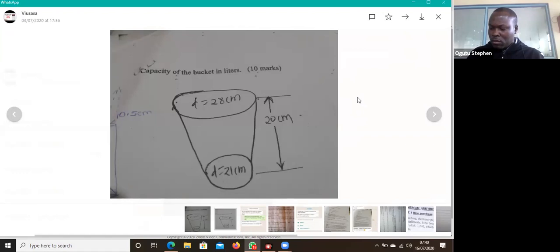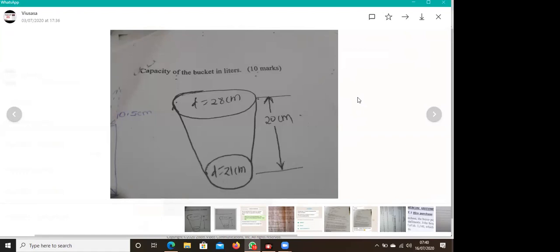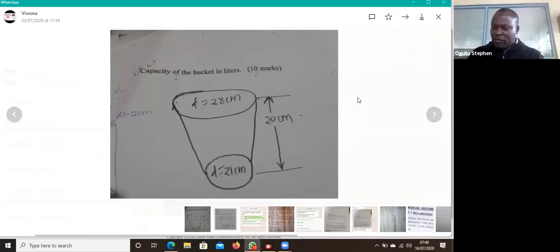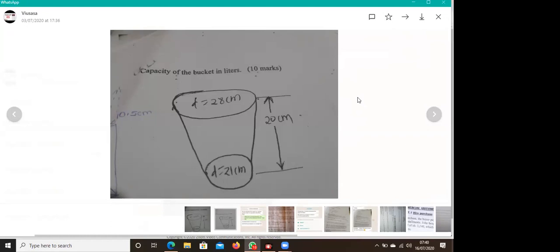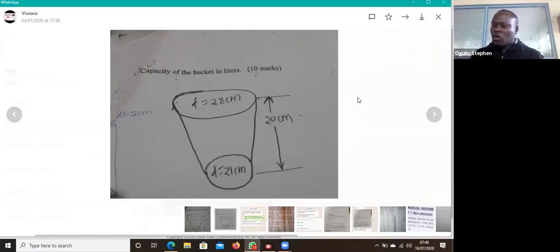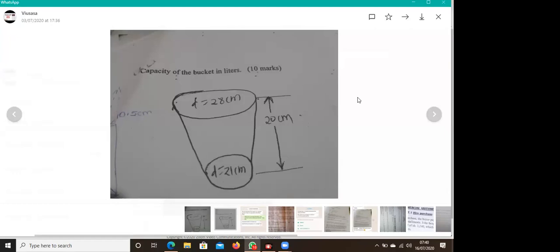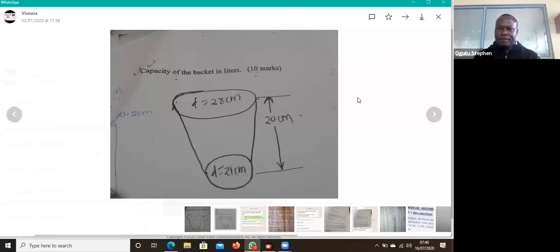The question is incomplete. The height of the bucket, like I've said, is 20 centimeters. Who can take us through the workings? We can work together rather than waiting for you to finish.